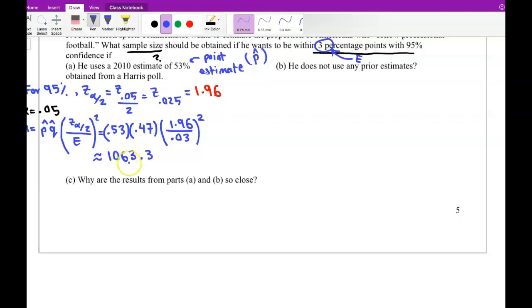What that means, we need a sample size of 1064. So this is the answer for part A.